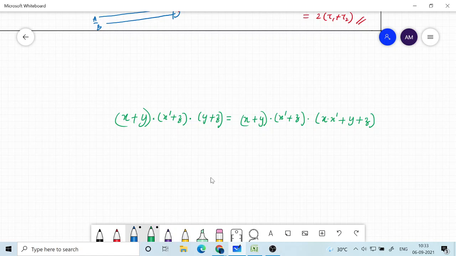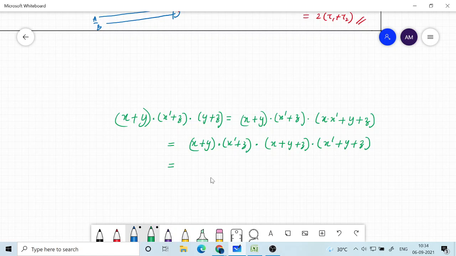So that will give you (x plus y) dot (x dash plus z) dot (x plus y plus z) dot (x dash plus y plus z), right? Yes, sir. You get that. So that is step 1, if you go by the duality of whatever is shown there.